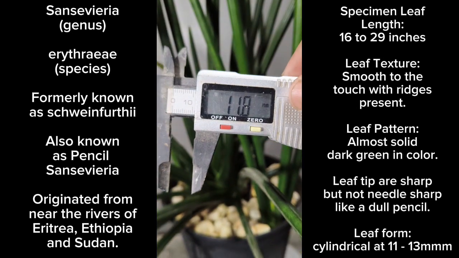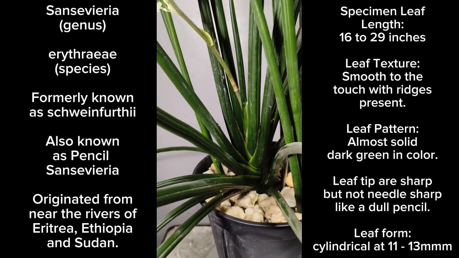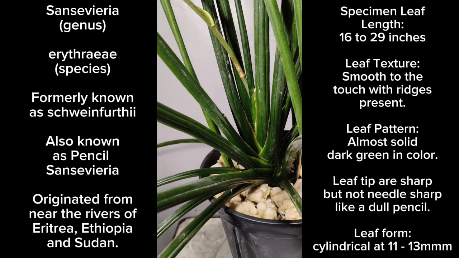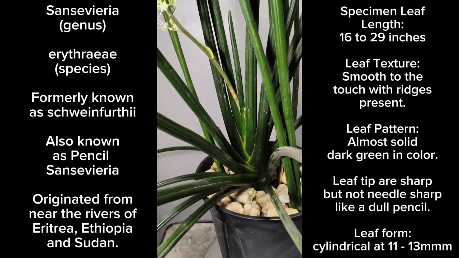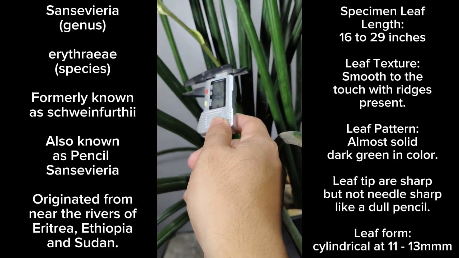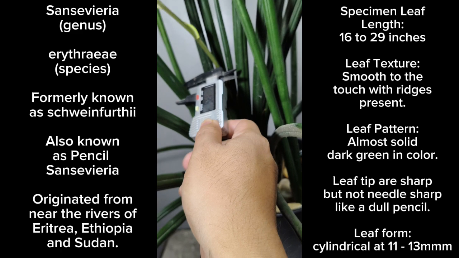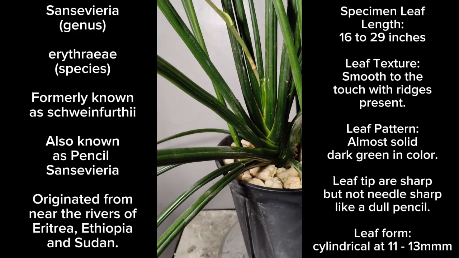So one of the leaves would be as thick as 11.8 millimeters. We'll check the other ones. Some would be at 10.8 millimeters, so I would say 10 to 11 millimeters. The other ones could reach up to 13.6.